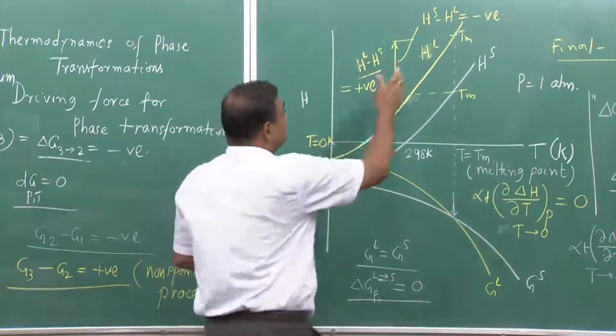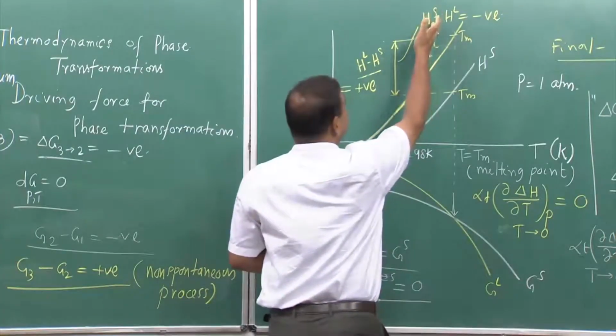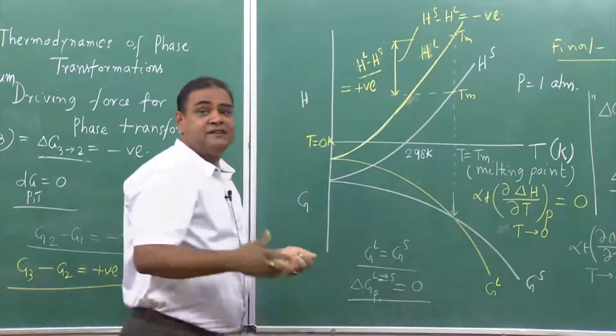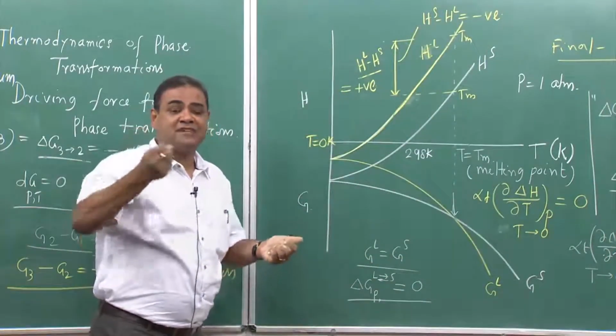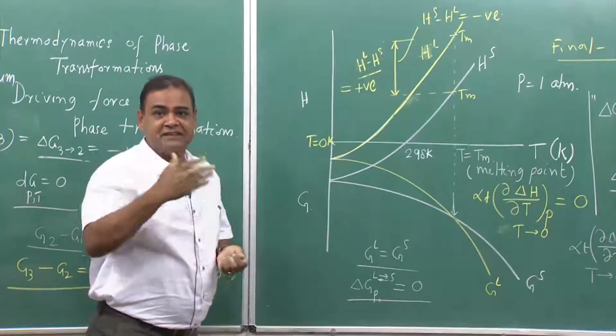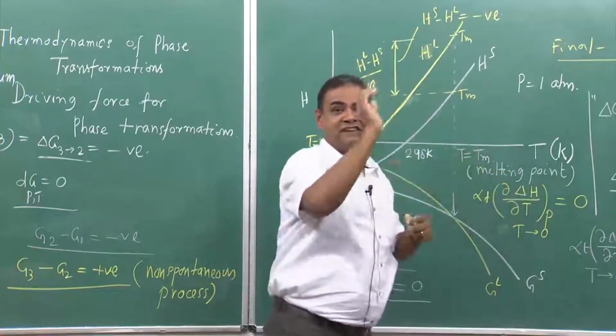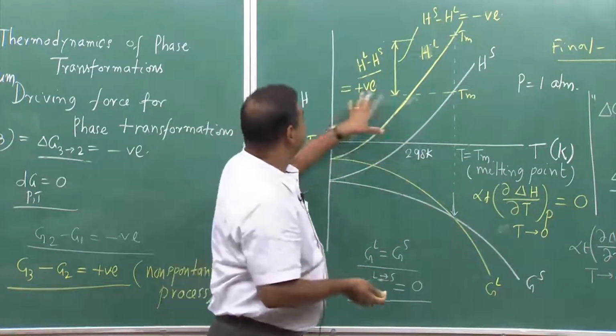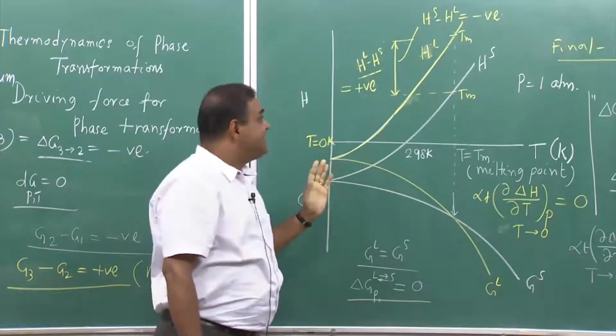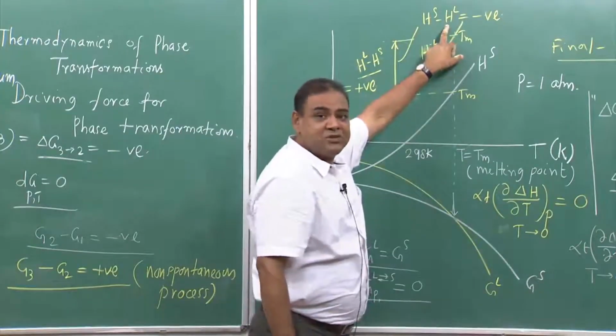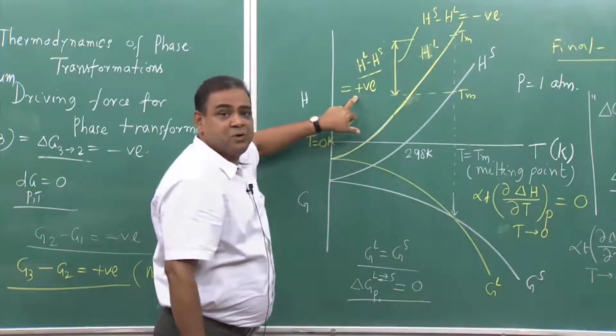But if I try to find whether solid forms from liquid, then it is an exothermic process, because it has to release heat. You see there is a negative quantity, it releases heat. So, again the convention is right. That means this is my exothermic process, this is my endothermic process.